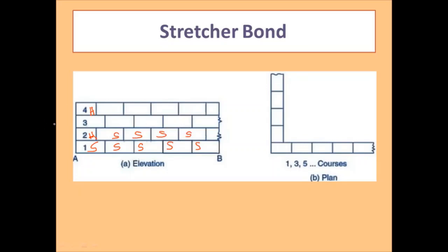Continuously we place stretchers, and at the end we give a header. The third course will be similar to the first course because vertical joints of alternate courses should come in the same line. Then the fourth course should be equal to the second course. So all the odd courses will be the same and all the even courses will be the same.